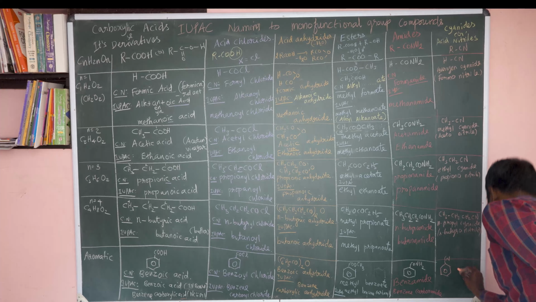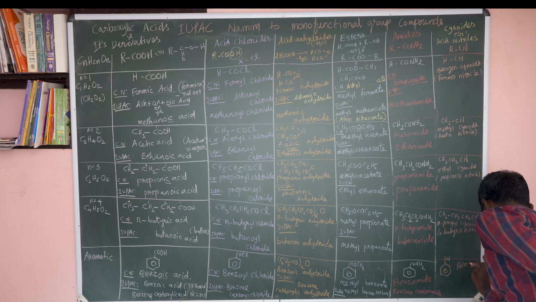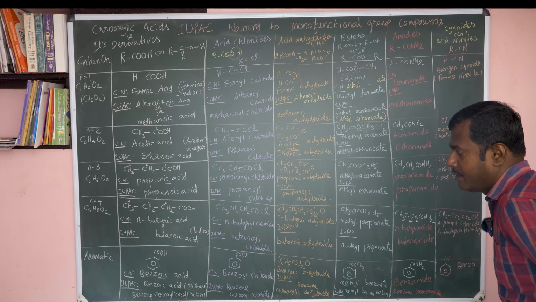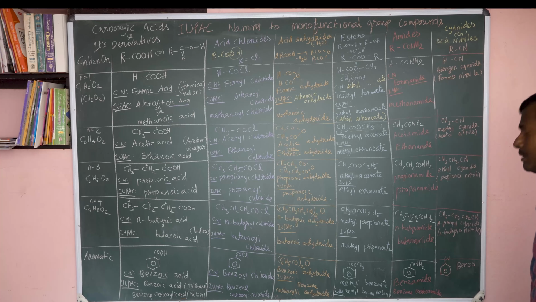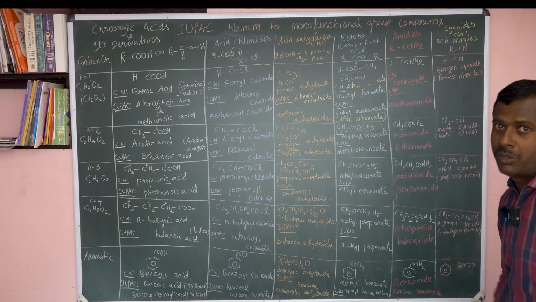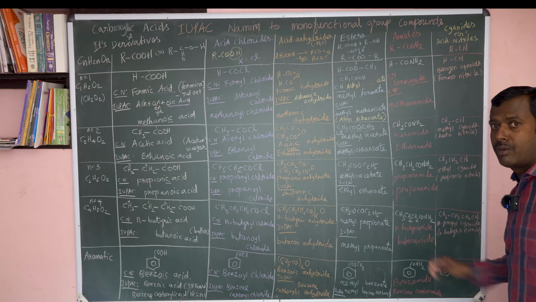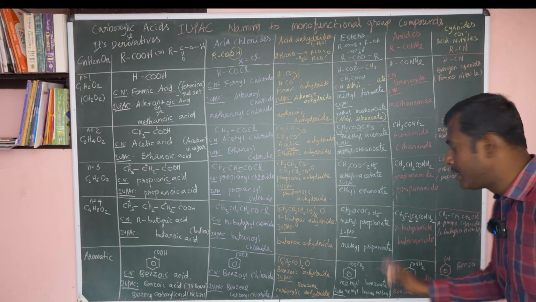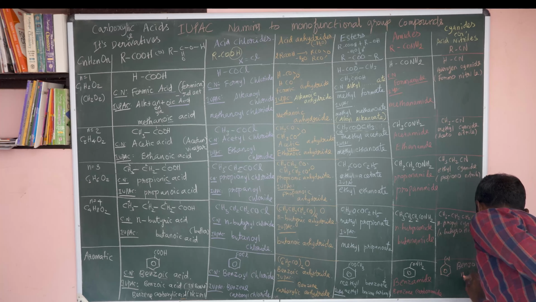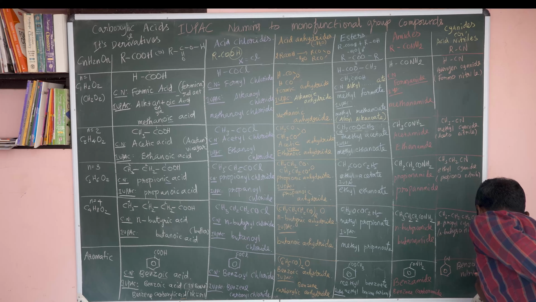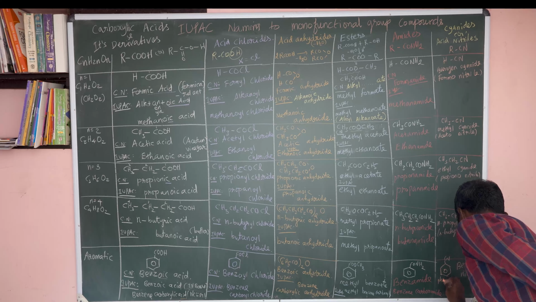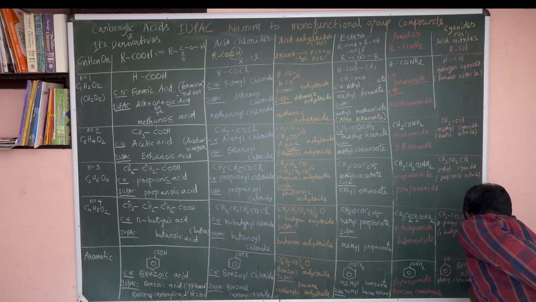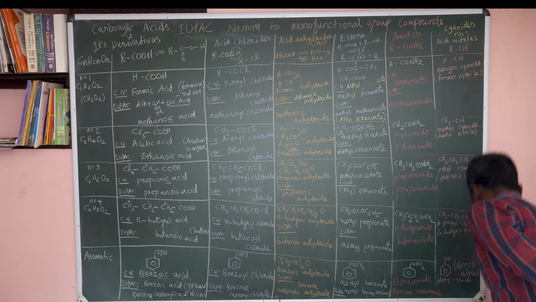If you remove IC from benzoic acid, benzo itself ends with O, so no need to add one more O. So benzonitrile is the nitrile name, and phenyl cyanide is the cyanide name.